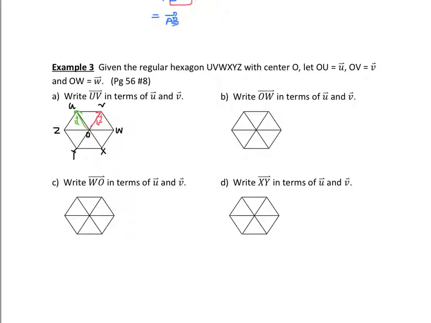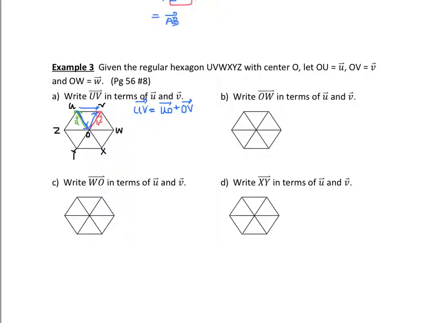So UV can be written as the sum of vector UO and OV. So in your picture, that would be going from U to O and O to V. That would have the same result as going from U to V, is what we're saying.